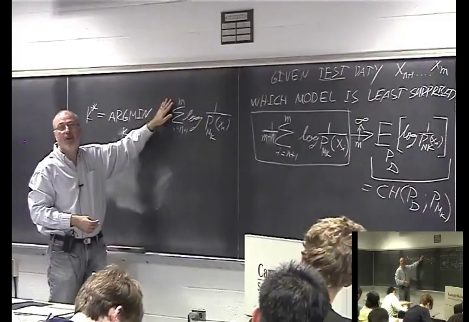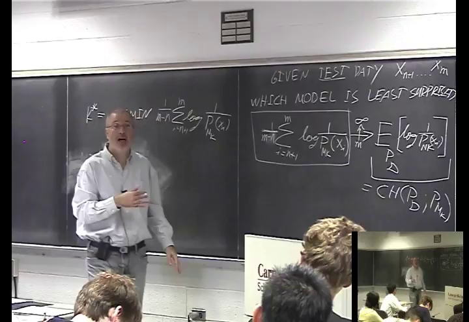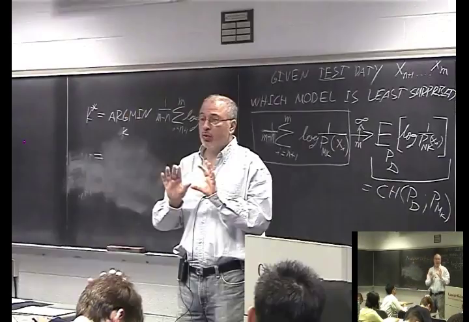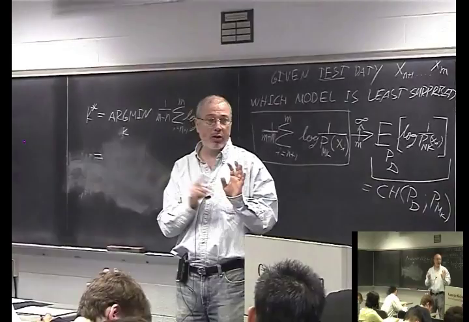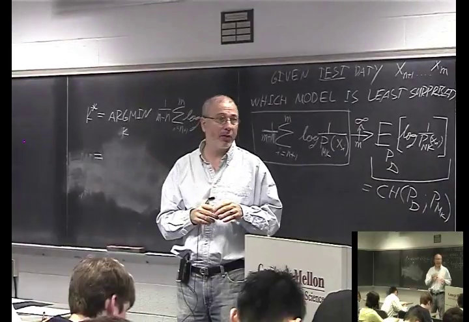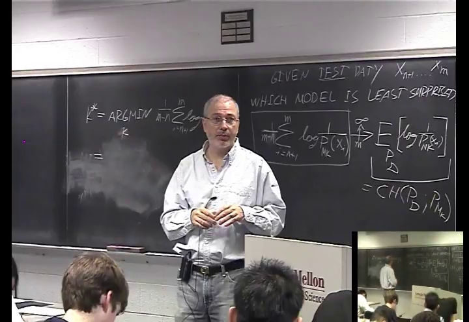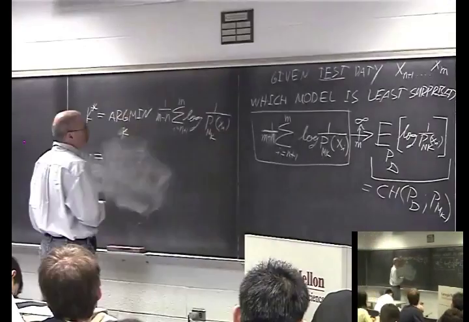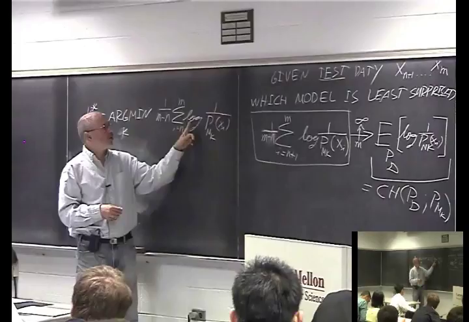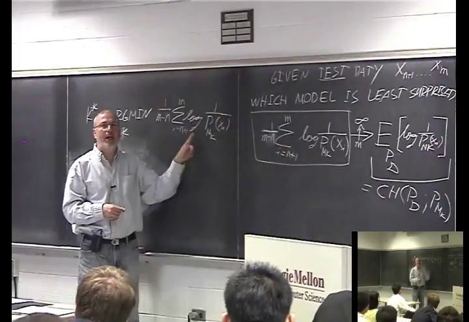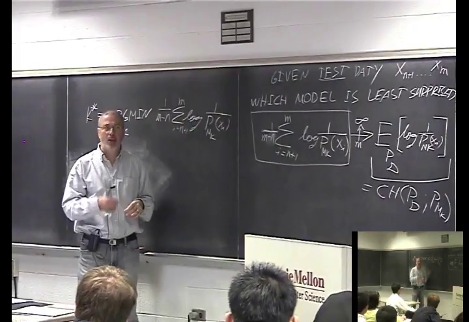Is that clear why? Whenever you have an argmin or an argmax problem, you can take factors that do not contain the argument that you are maximizing or minimizing over and let them out of the equation. The second thing I can do is convert this log of 1 over p to minus log of p. So I'll do both in one step.